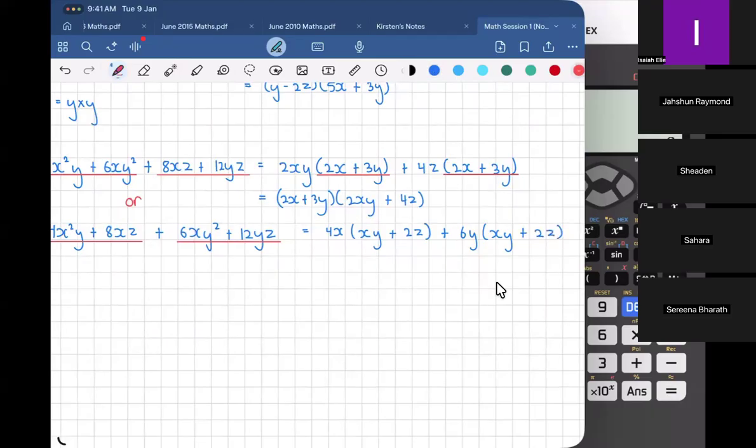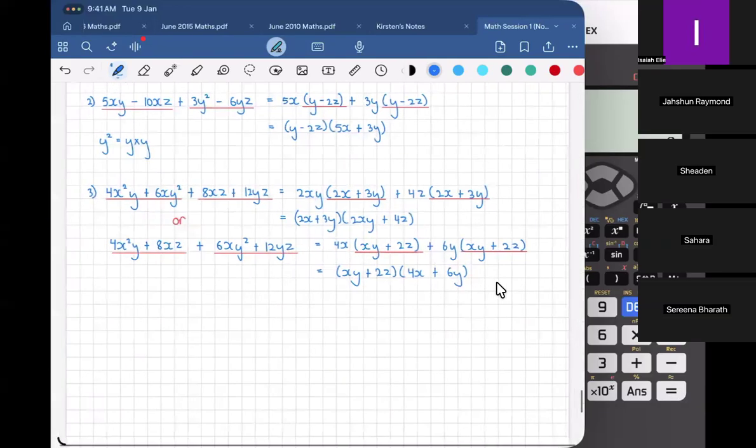Are we getting the same factors on either side? Yes, sir. So we will pull out the xy plus 2z, and on the inside we're going to write 4x plus 6y. Did she do everything correct? Yes, sir.